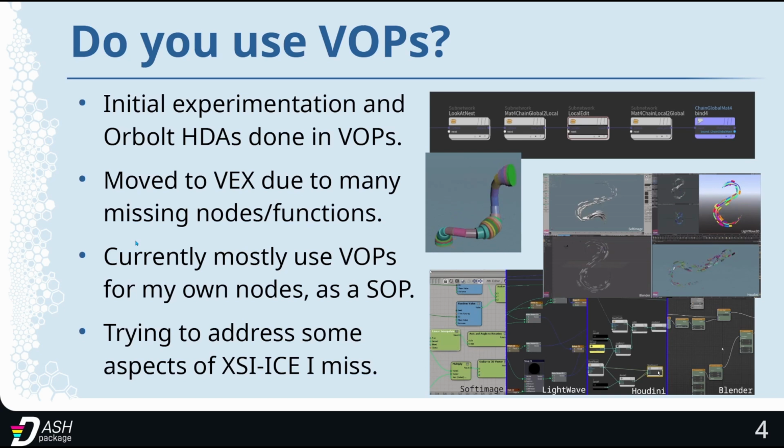Currently, most of the VOPs that I use are just my own and almost like standalone SOP operations. For example, if I want to have some nice neighbors function, I can just use my connected elements VOP, and I might just use it to cook those neighbors, not to make any complex logic.